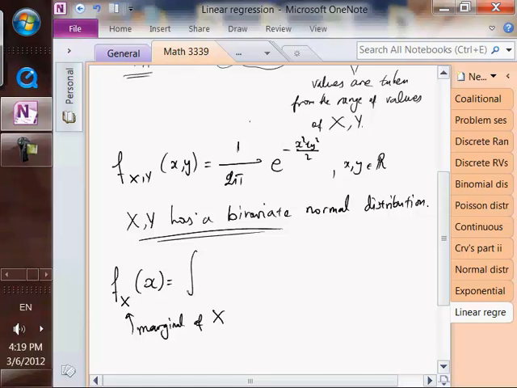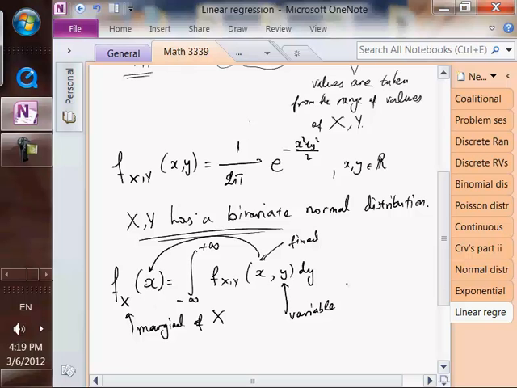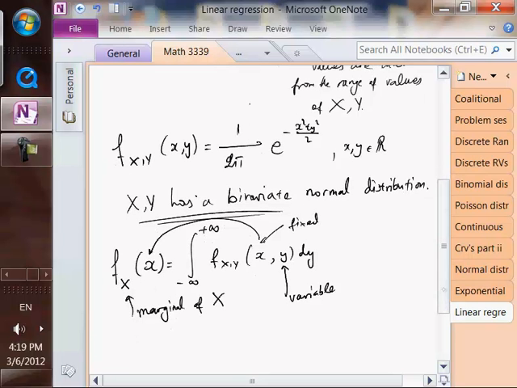So the marginal of x is defined as an integral from negative infinity to infinity of the joint density, where now you integrate only with respect to the second variable. Okay, so that's the variable quantity, and that's the fixed quantity, which turns out to be exactly equal to this. So what does this formula tell me?